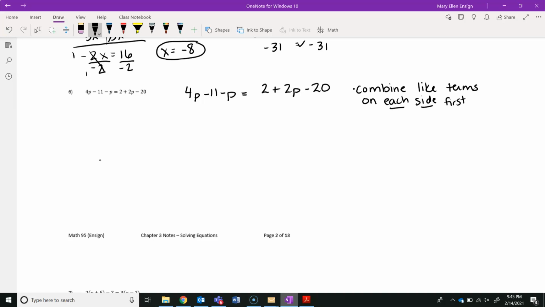Okay, now when I'm moving something, this is a little bit tricky for people sometimes. When I'm moving something from one side to the other, then I want to do the opposite, right?